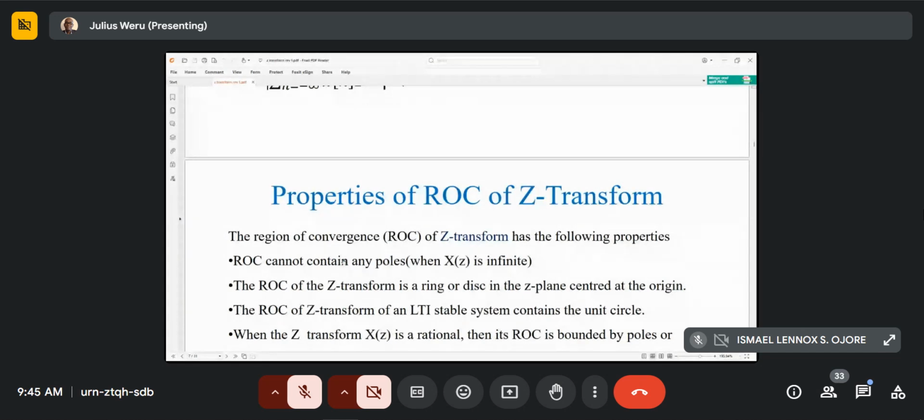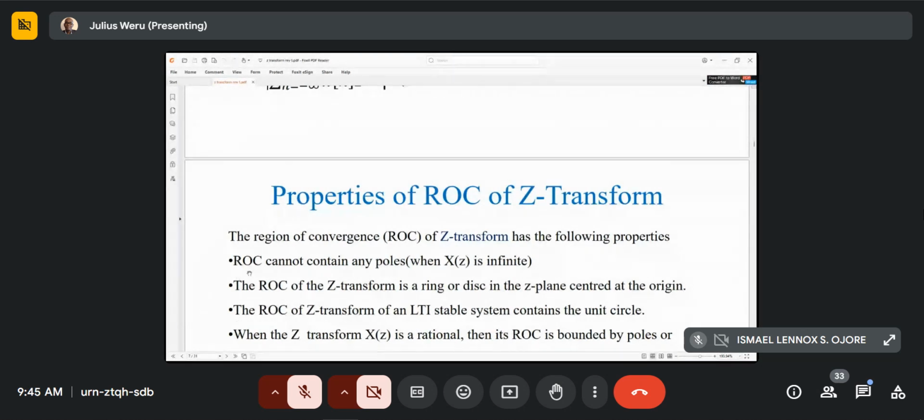The first one is the region of convergence cannot contain any poles, because poles are where X(z) will be infinite, the ones that make X(z) infinite. And the zeros are the ones that make it zero.